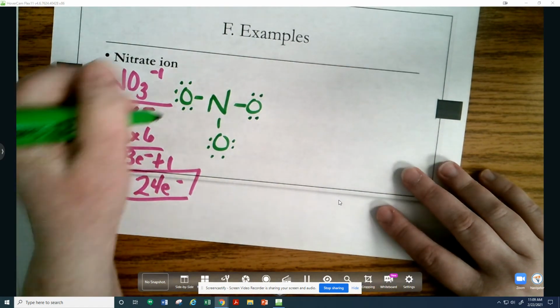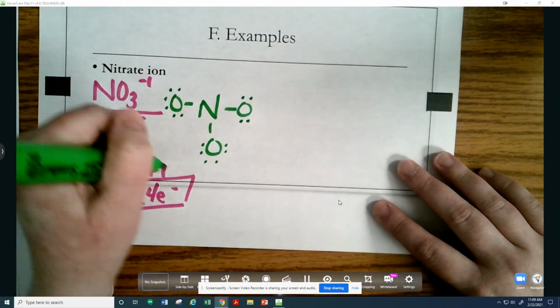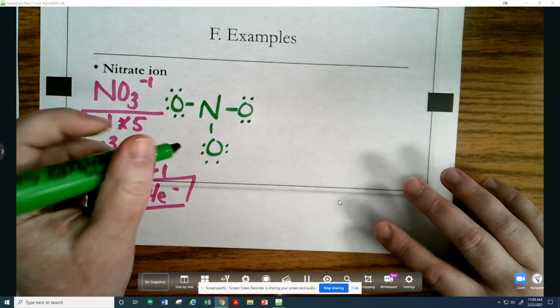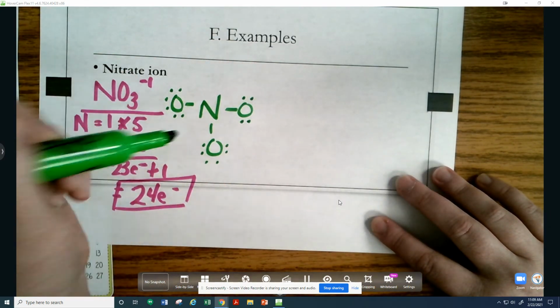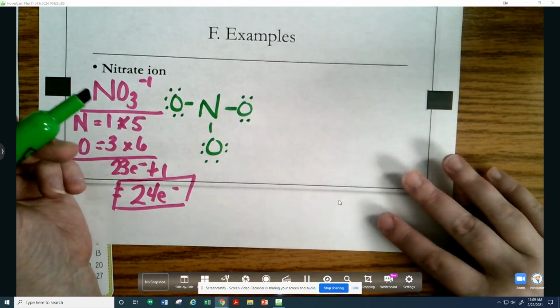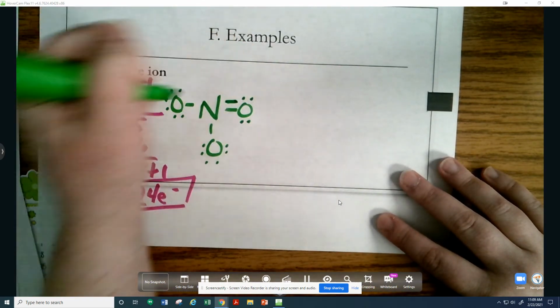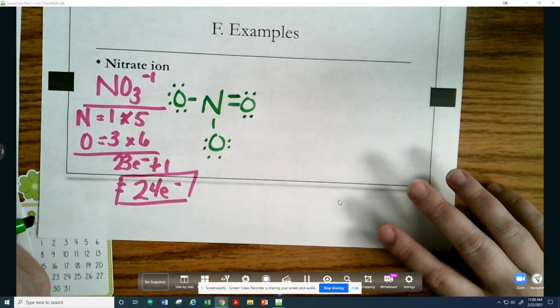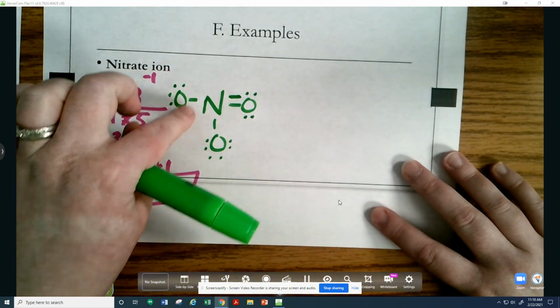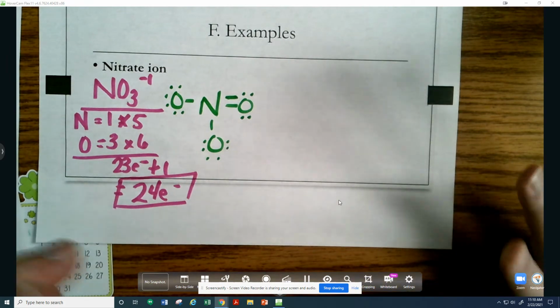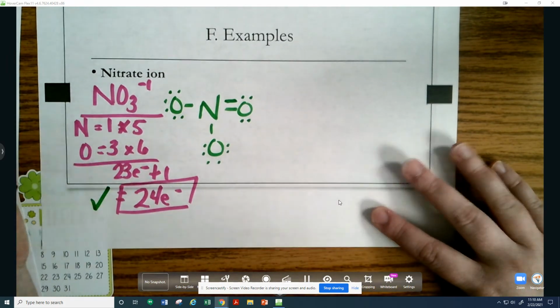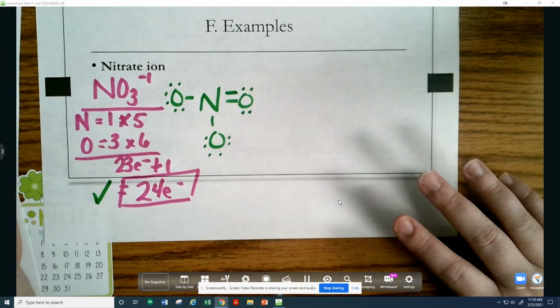So what I can see is I was able to complete the octets on these 2 oxygens. I was, however, not able to complete the octet on this oxygen here and this nitrogen if I spend that one last pair. So that last pair of electrons is going to become a double bond. So we have 2, 4, 6, 8, 10, 12, 14, 16, 18, 20, 22, 24. So all 24 electrons are now in my diagram.